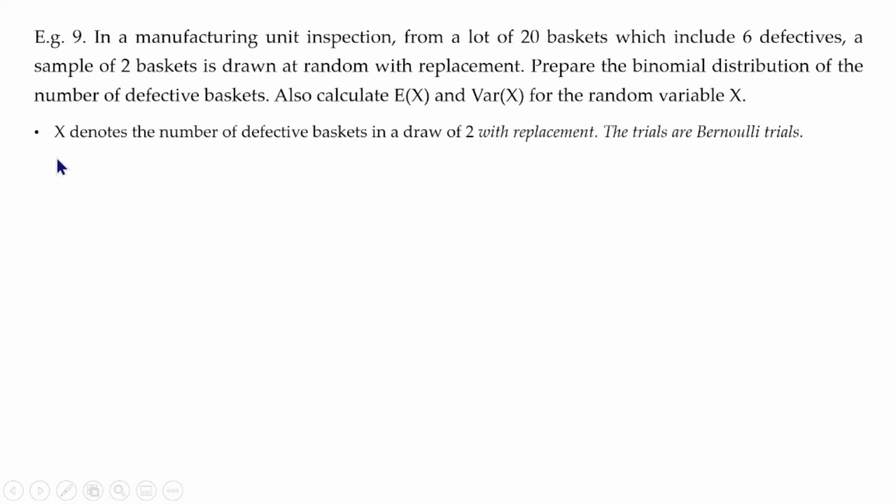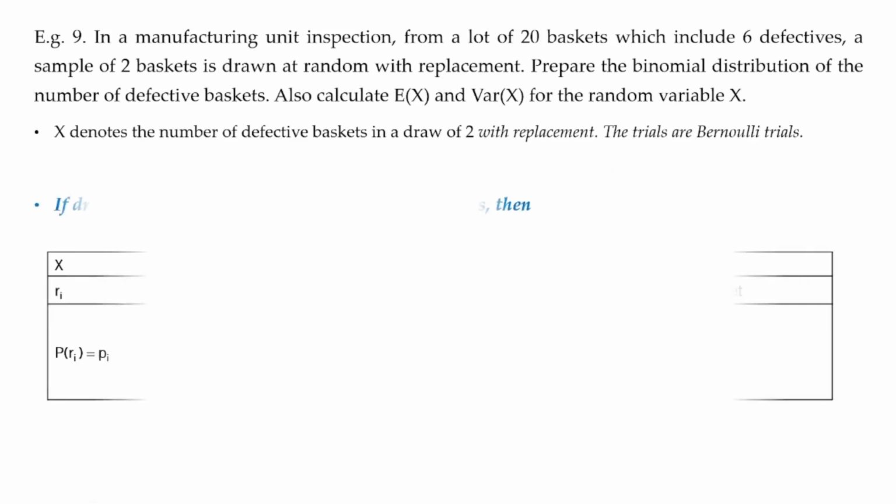Here x denotes the number of defective baskets in a draw of 2 with replacement. The trials are Bernoulli trials because the probability of drawing a defective basket will remain the same in all these trials because it is with replacement. If it was without replacement, the probability of success would not remain the same. So these trials qualify as Bernoulli trials.